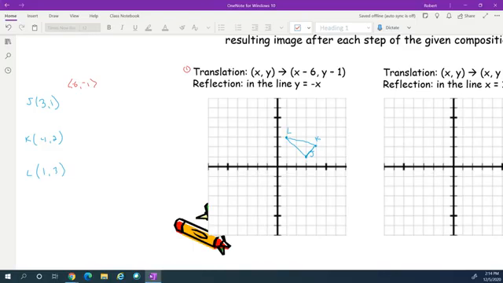So J prime, 3 minus 6 is -3. 1 minus 1 is 0. K prime, 4 minus 6 is -2. 2 minus 1 is 1. And L prime, 1 minus 6 is -5. 3 minus 1 is 2.